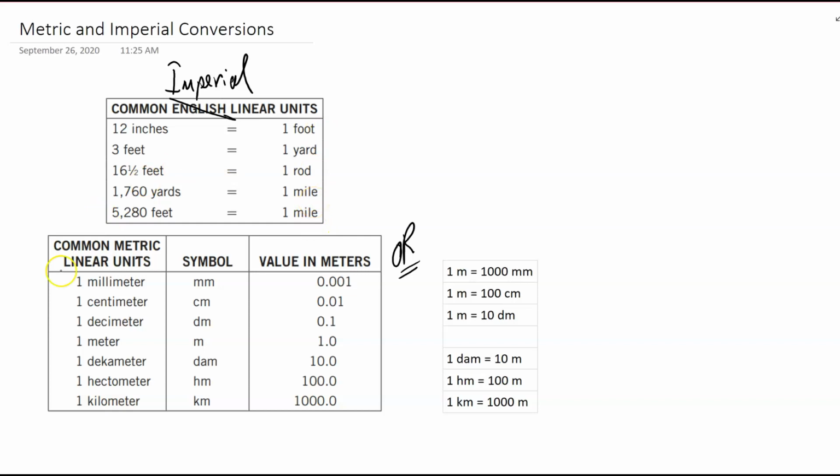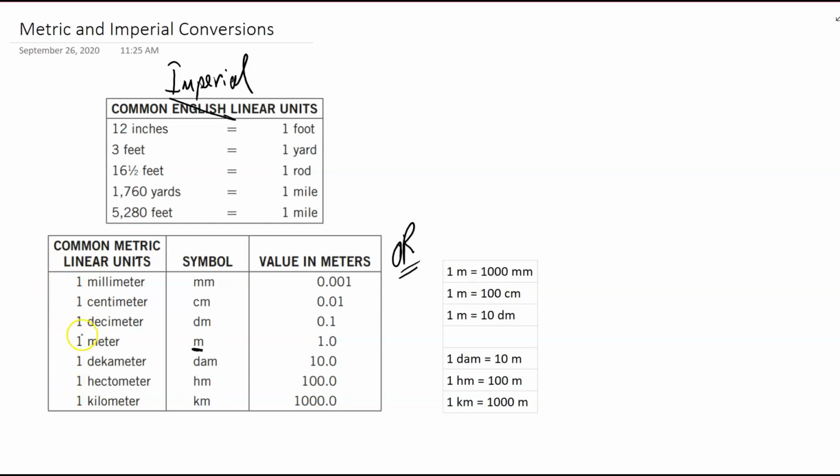And then in the metric system, it's based on powers of 10 or multiples of 10. You will always have a base unit involved, which relates to the type of measurement, whether it is a length or a mass or a volume. So in our case, generally length will be used, so the base unit will be meters.